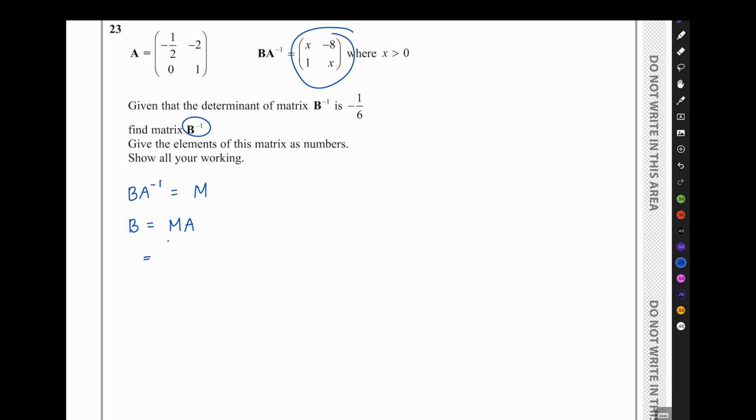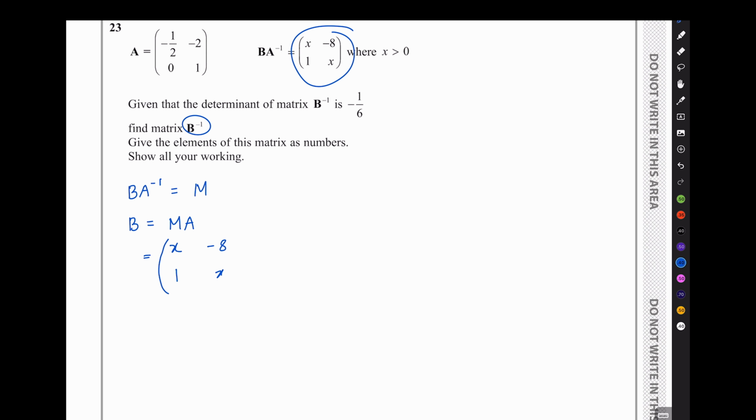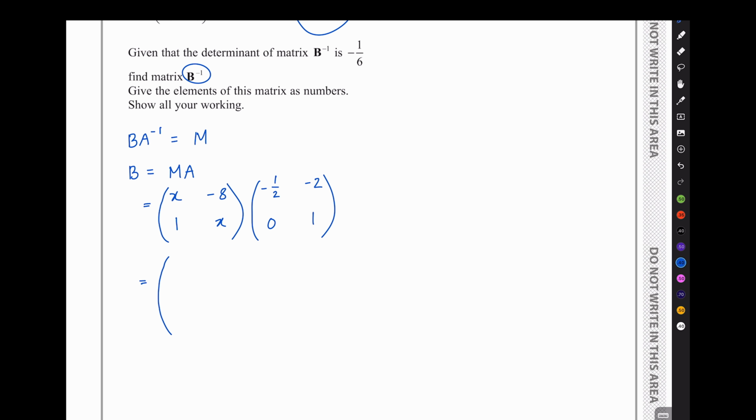So M is x 1 -8 x, and A is -1/2 0 -2 1. I'm going to multiply everything. I hope you know how to multiply the components: the row multiplied by the columns. So x multiplied by this plus this multiplied by this.